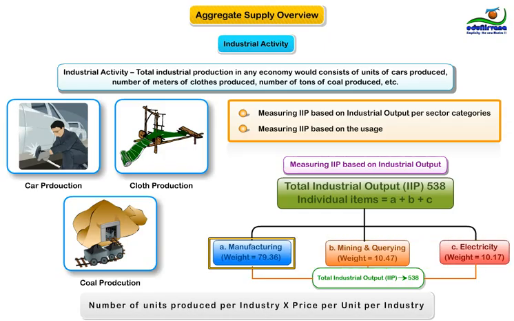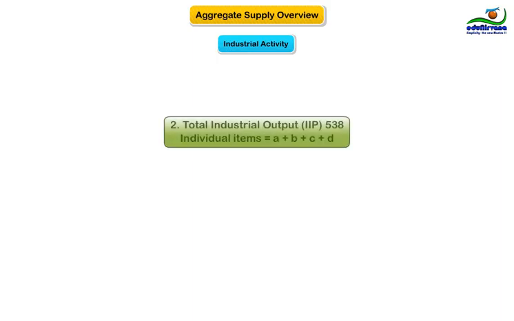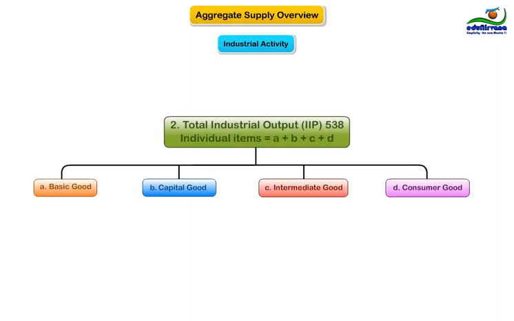A is manufacturing, which weighs about 79.36% in total industrial output. B is mining and quarrying, which weighs about 10.47%, and C is electricity, which weighs about 10.17%.